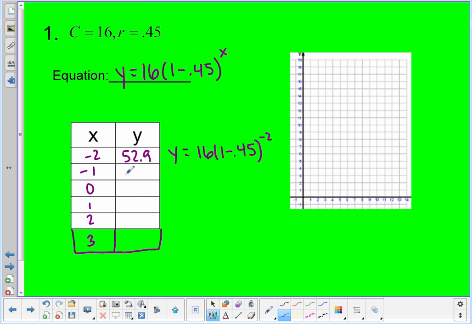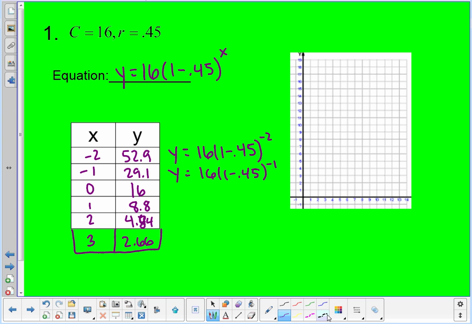When I type in -1, same thing, but put a -1 in for your power: 16 times 1 minus 0.45 to the -1 power, I get 29.1. Type in your 0, you get 16. Type in your 1, you get 8.8. Type in your 2, you get 4.84, and type in your 3, 2.66.